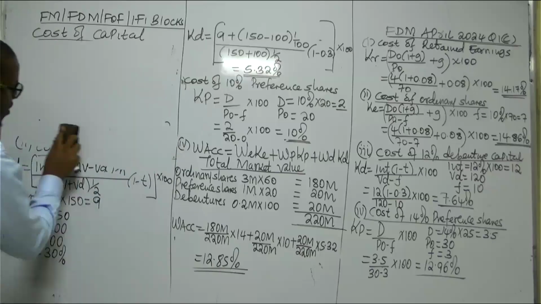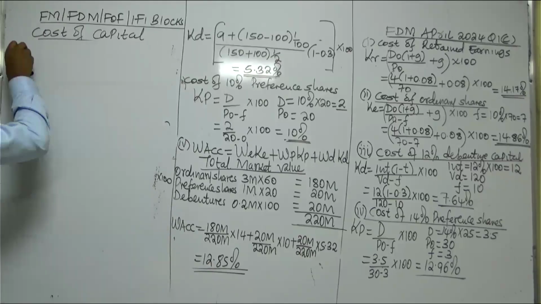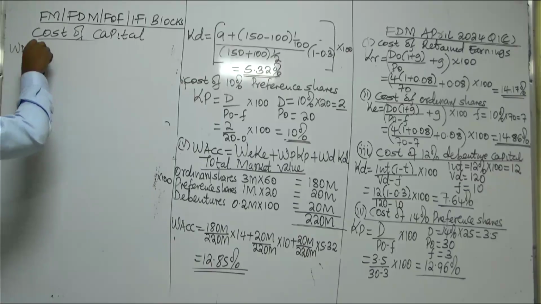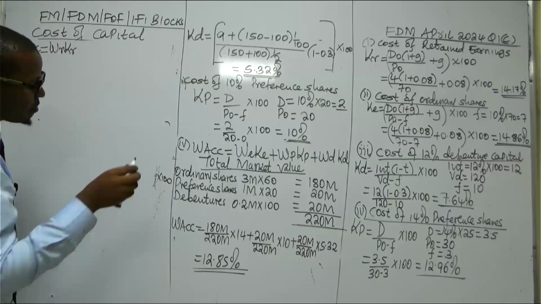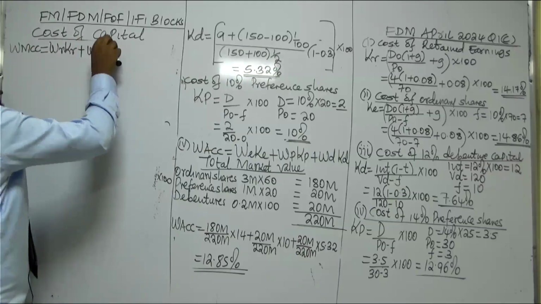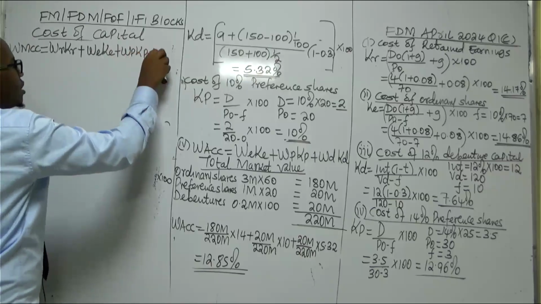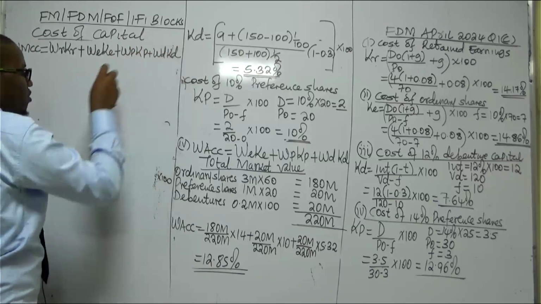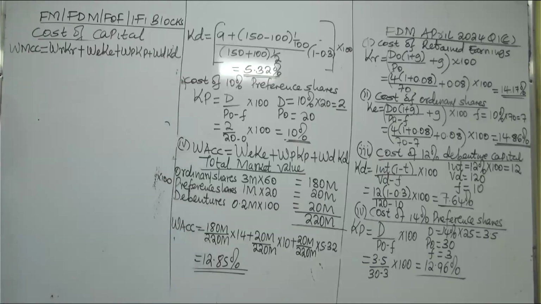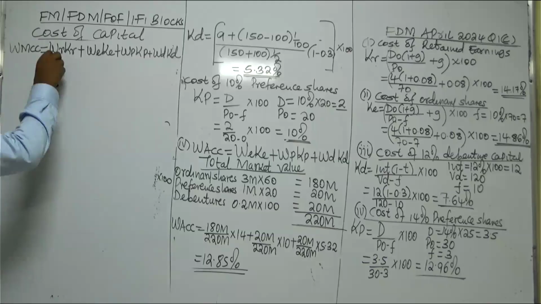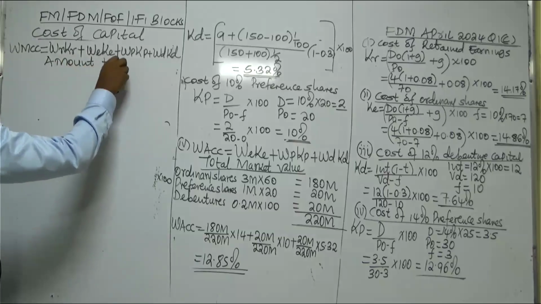the WMCC, which is now the weighted marginal cost of capital. This will be given by weight of retained earning, cost of retained earning, weight of ordinary shares, cost of ordinary shares, weight of preference shares, cost of preference shares, and weight of debenture, cost of debenture. What we include here is only the cost of retained earning. Since when we're looking for the weights, we consider the total amount to raise.